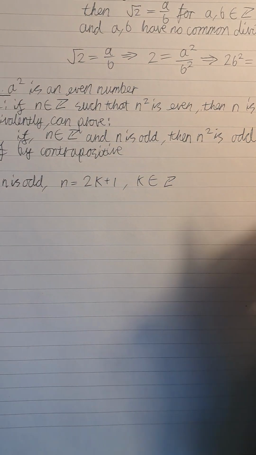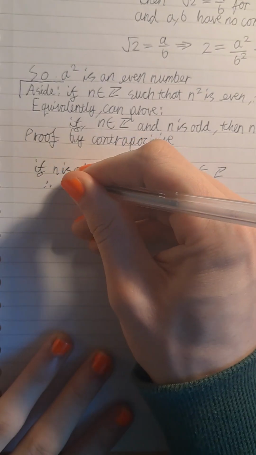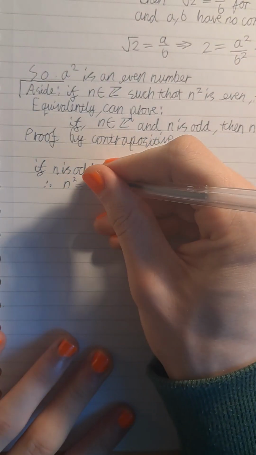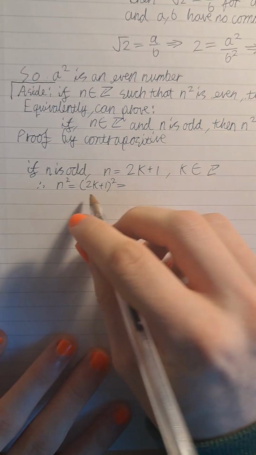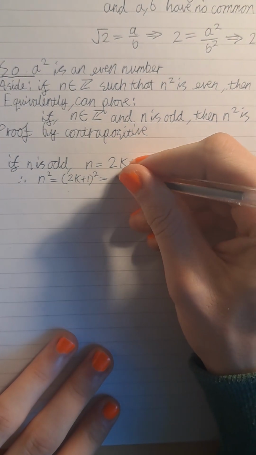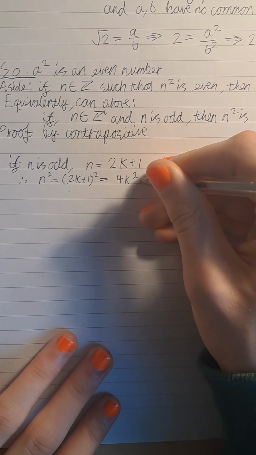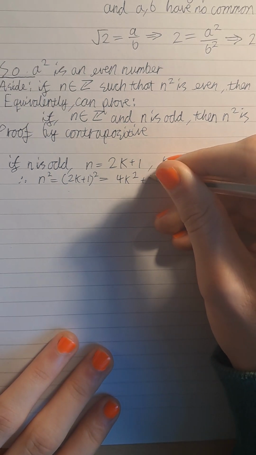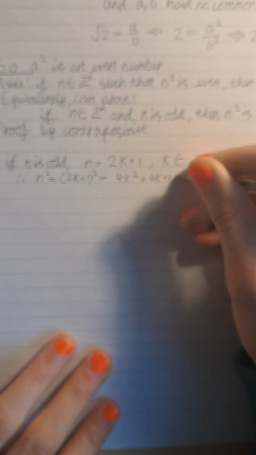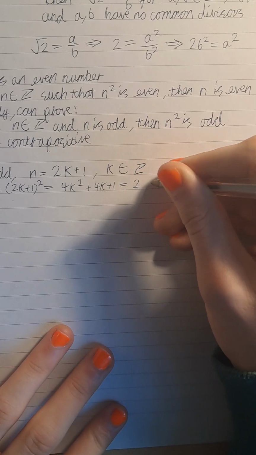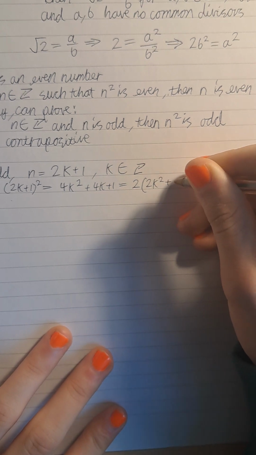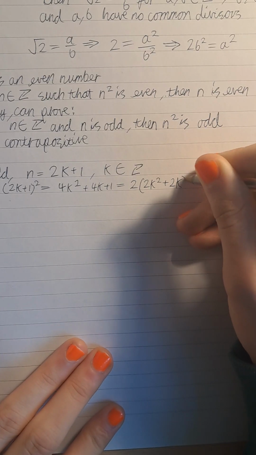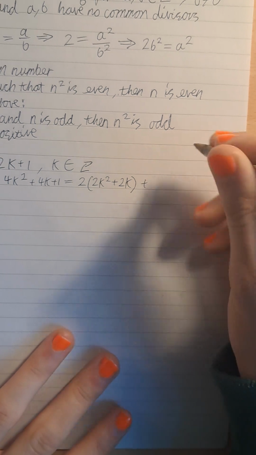Therefore, n squared is going to be equal to (2k + 1) squared, which we can expand. So we're going to have 4k squared plus 4k plus 1, which is equal to, I'm going to take out a factor of 2 here just to make it very clear that this is an odd number.